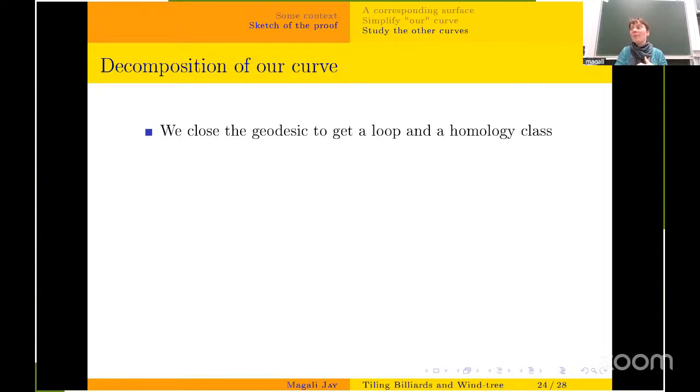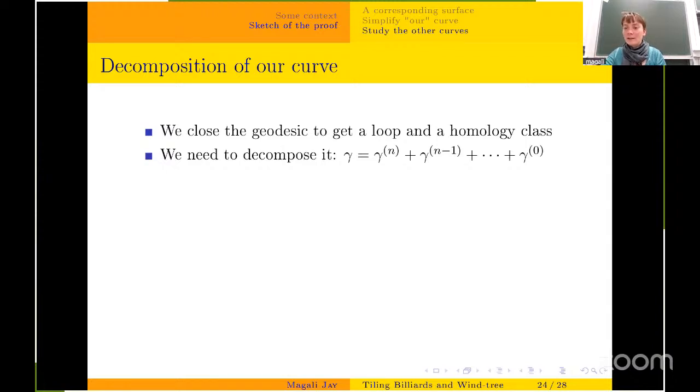So if I'm going far in the future, of course, in the direction of the flow, the trajectory will be very short, but I will have a long trajectory in the other direction. So I have to be careful and to decompose my loop into several loops, and I will look at each loop in a different time scale.